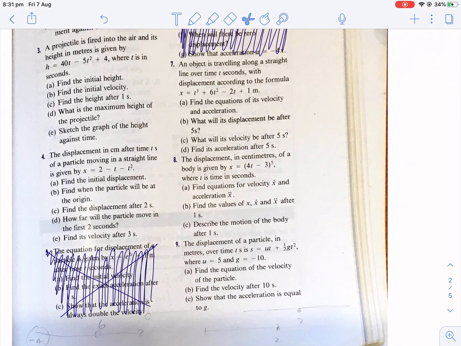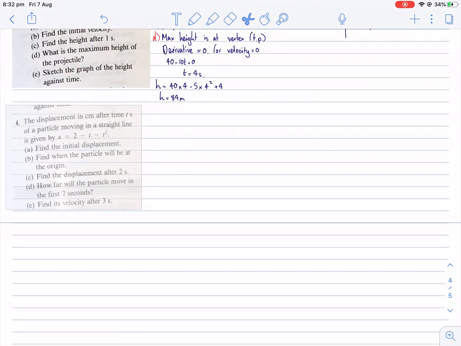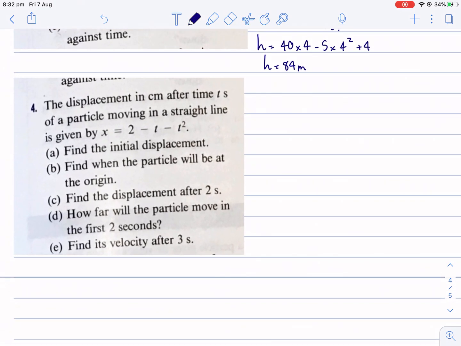Question 4. For 4a, again, initial, we're thinking t equals 0. So its initial displacement is 2 meters. B, it's at the origin.